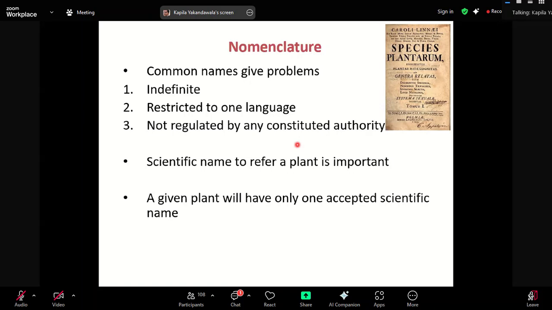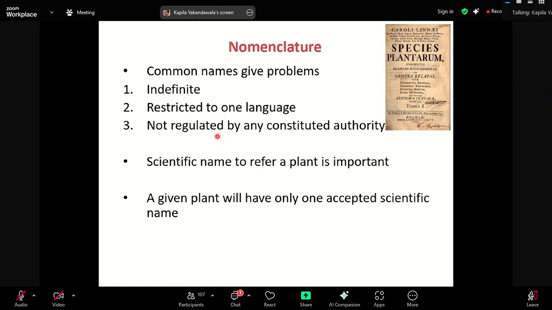So the scientific, right, first one, indefinite. Second one, restricted to 1 language. Third one, not regulated by any constituent authority. So as an example, when we give common names for the jackfruit in Sinhala or Tamil, you can tell any name, right?